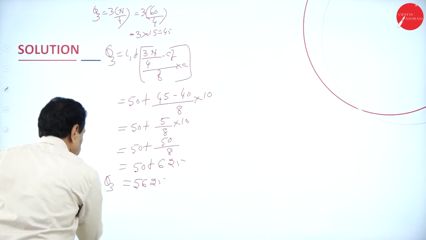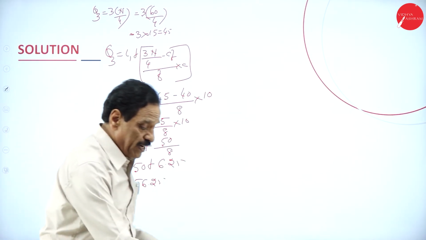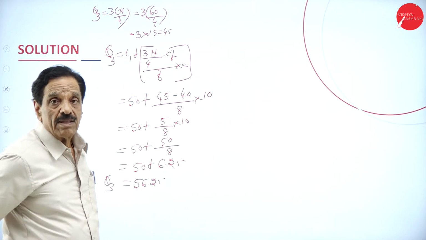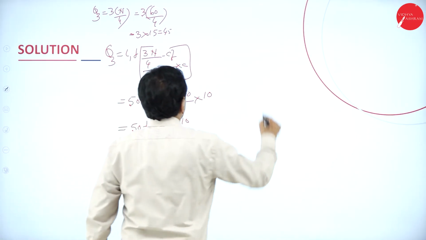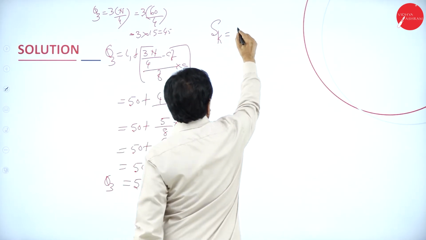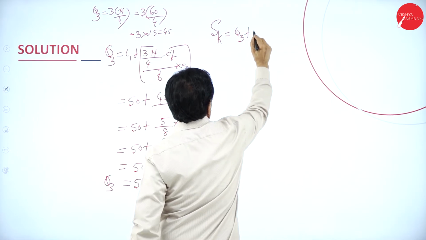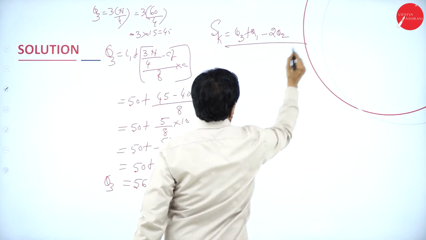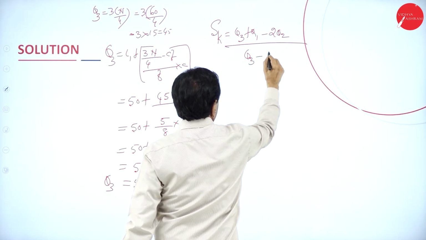What this becomes is Q3. So we have found Q1, Q2, Q3. Then you have to apply skewness is equal to Q3 plus Q1 minus 2Q2 divided by Q3 minus Q1.